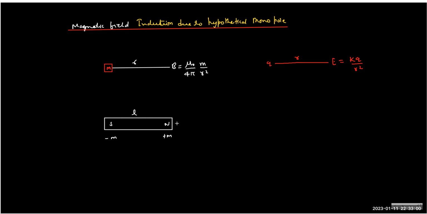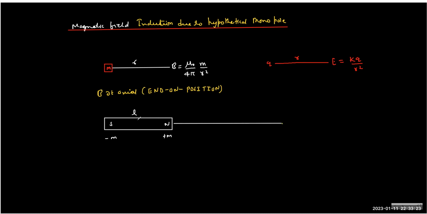So can we find the magnetic field at the axial position? I hope you remember this. B at axial, also called end on position, similar to the electrostatics. So from electrostatics, what you can say?